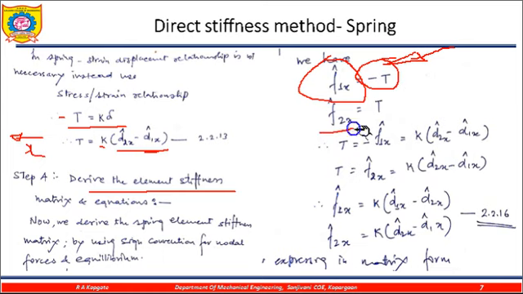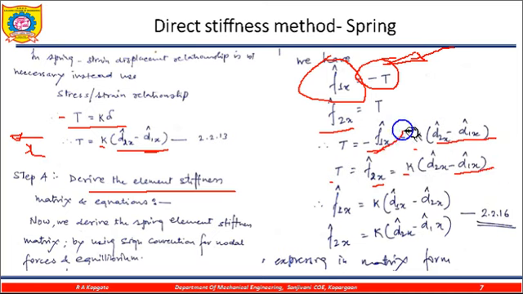At node 2, F2 is equal to positive T. Hence T is equal to minus F1 at node 1, equal to k into (d2x minus d1x), while F2x is equal to k into (d2x minus d1x).